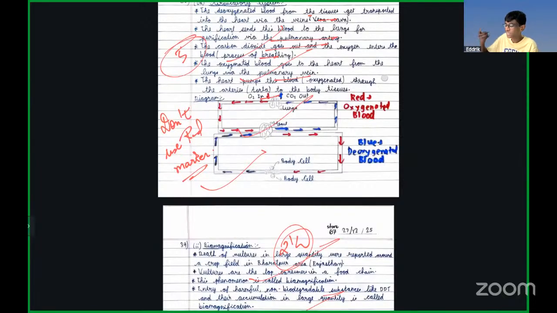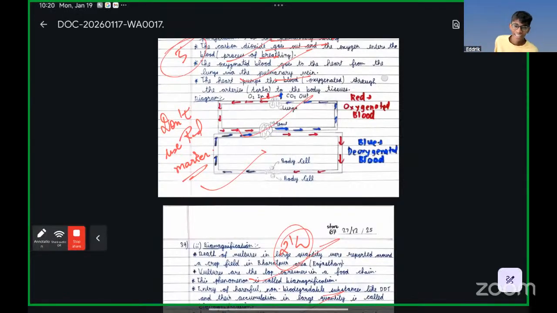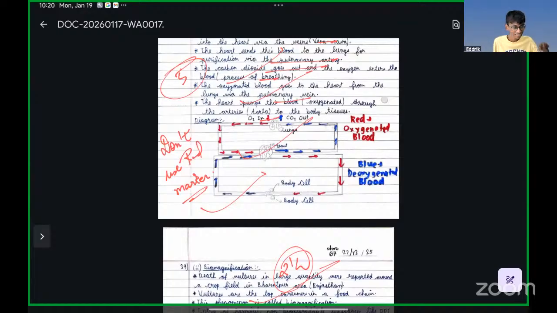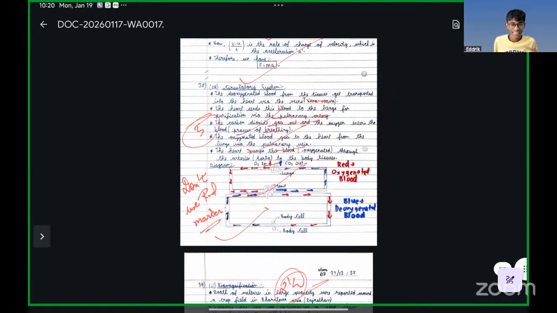Okay, next time I'll use pink. No, not pink, not any shade of red. Instead, just leave it as pencil only. Okay, sir. I thought the 39th question had two options.